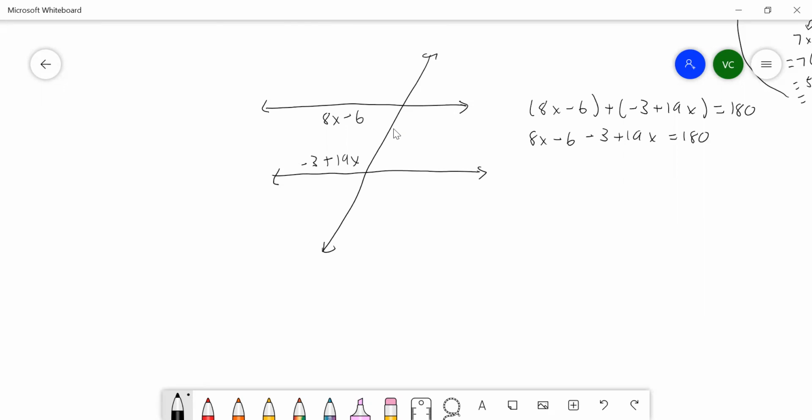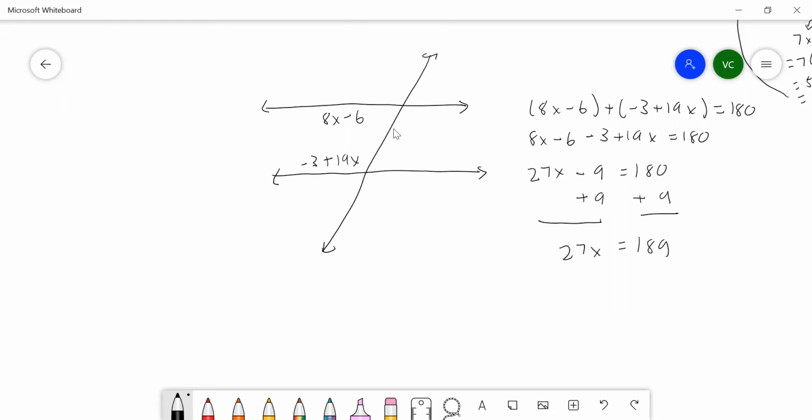Okay, combine 8x and 19x. That's going to give you 27x minus 9. So negative 6 minus 3 is negative 9. And that's going to give us 180. Then we add 9 to both sides. And we have 27x equals 189.